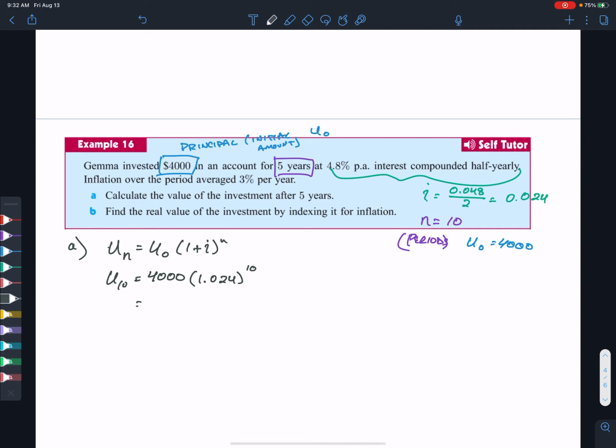When we calculate that out, we get $5,070.60. So that is our value of investment after 5 years.